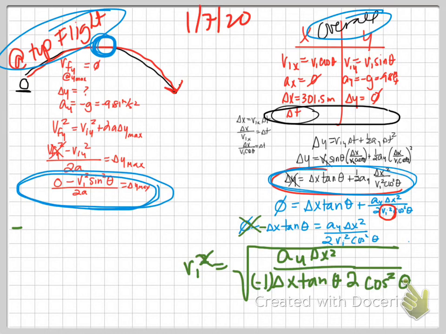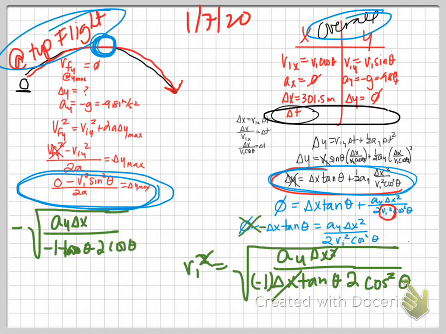Okay, so we can just do, oh, yeah, that's what we can do. We're good. Okay. Negative of the square root of ay delta x squared. Oh, and we can cancel out one delta x. So we can make that ay delta x over negative 1 times tan theta times 2 times cosine theta.